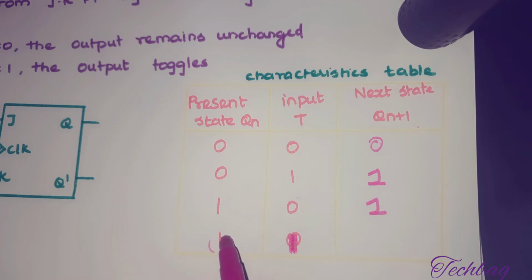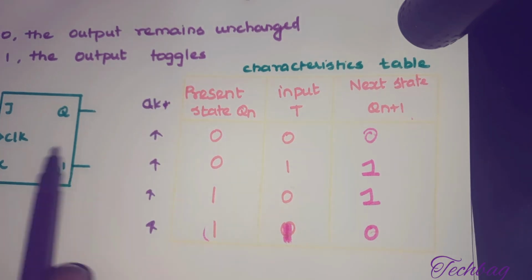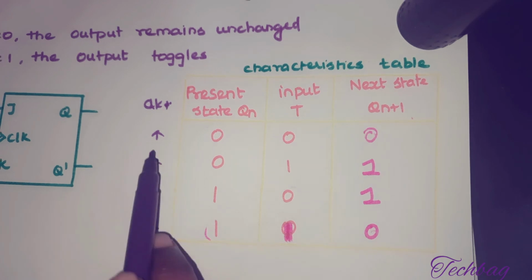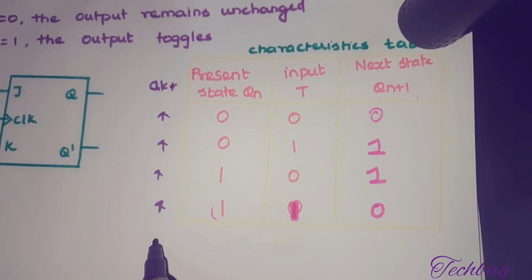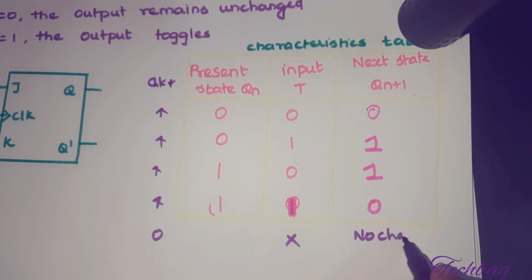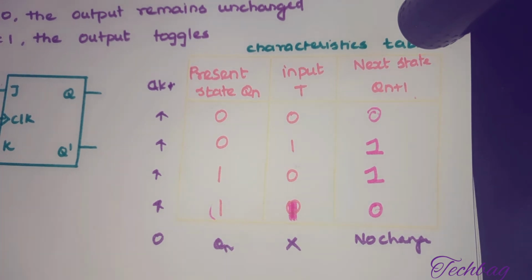Here 1, so after complementing you get 0. This is the characteristic table and it is a positive edge triggered flip-flop. So this is possible only at positive edge of the clock. If clock is 0, then there is no change in the output. Okay, so this is the characteristic table.